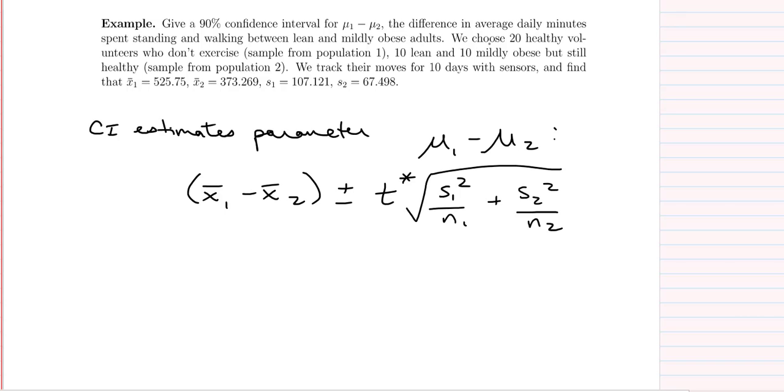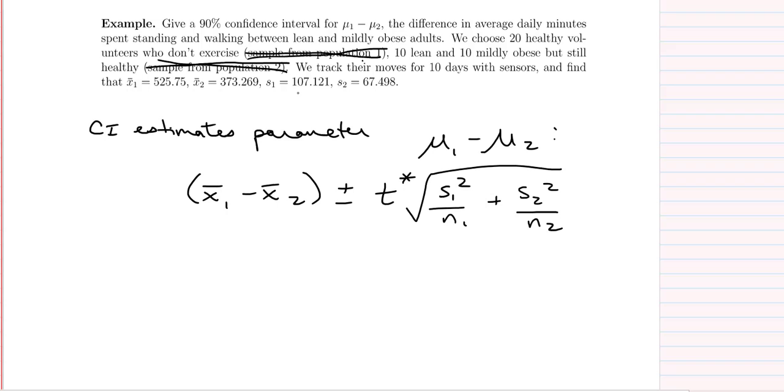We have 20 healthy volunteers who don't exercise, 10 lean and 10 mildly obese, but still healthy. We track their moves for 10 days with sensors and find that x bar 1 is equal to the minutes spent standing and walking, x bar 2, etc.